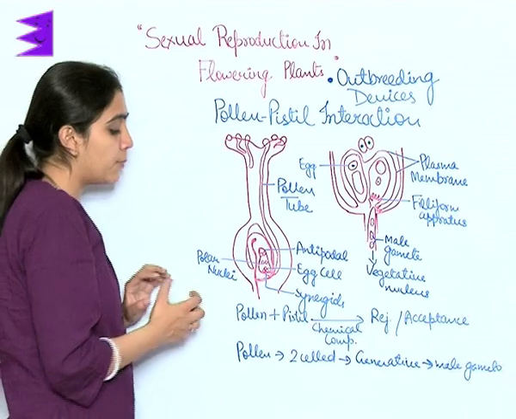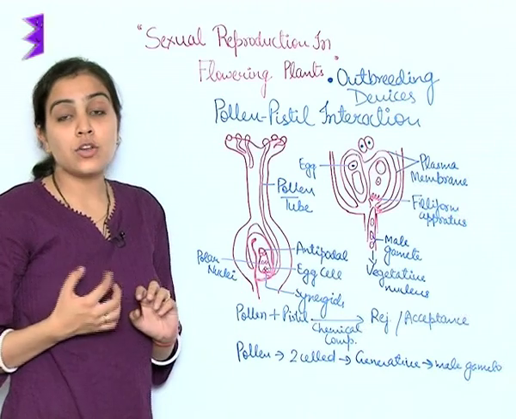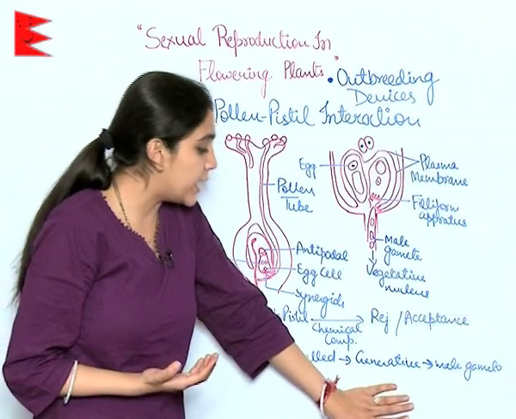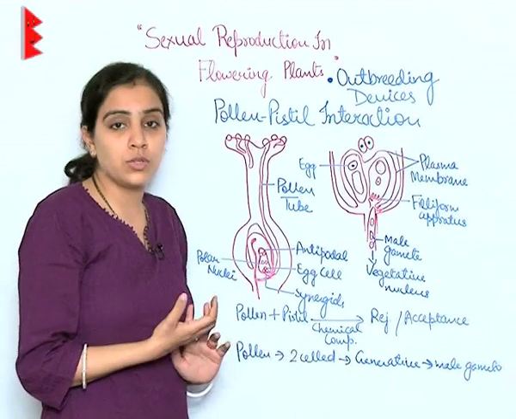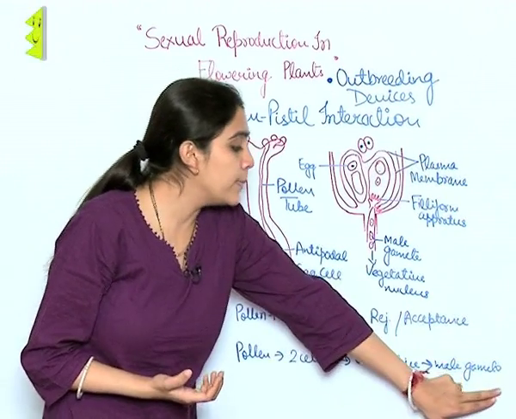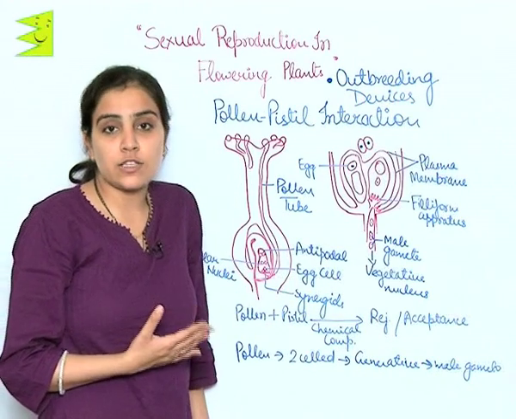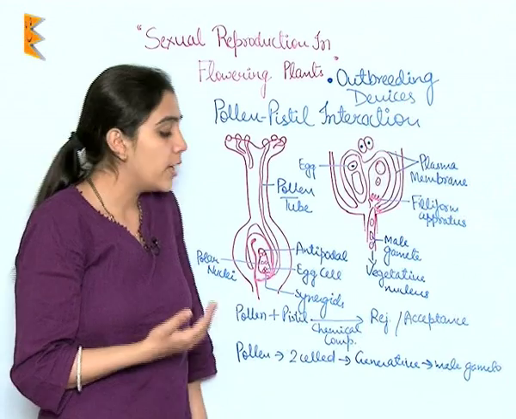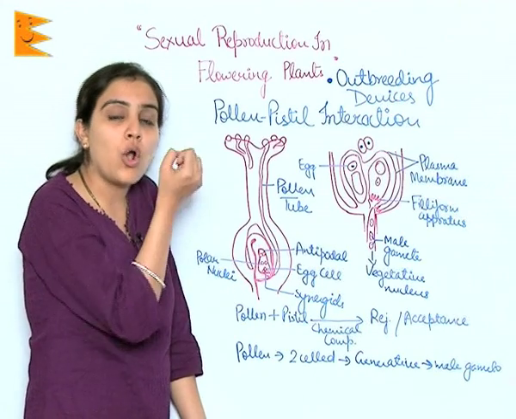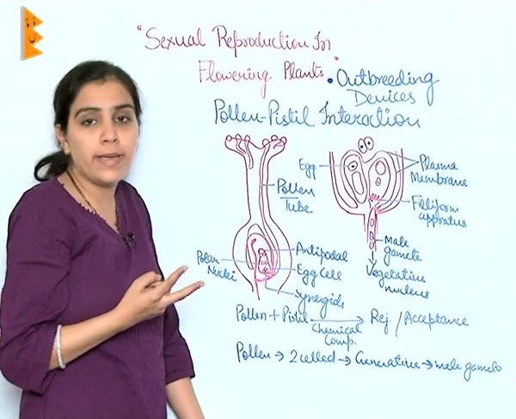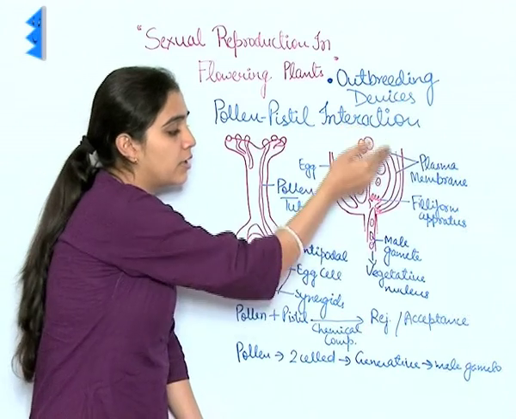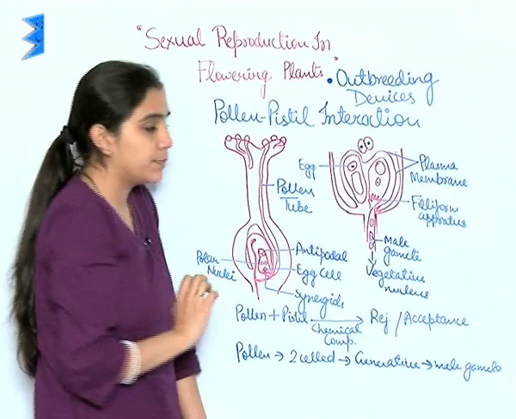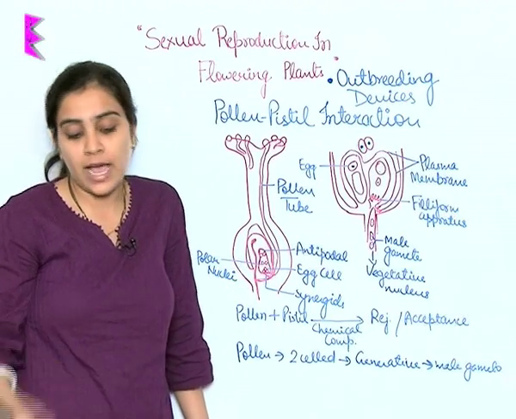Now in case of pollens which are shed at the two-celled stage, the generative cell divides and gives two male gametes, whereas in case of pollens which are shed at the three-cell stage, the pollen tubes already have two male gametes, and the pollen tube is grown and they are further transferred. Now what is artificial hybridization?